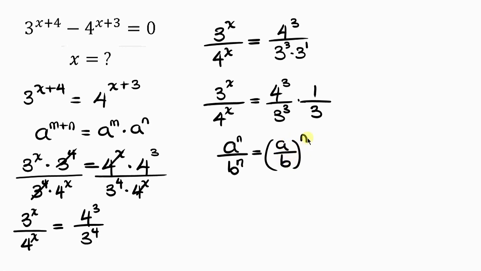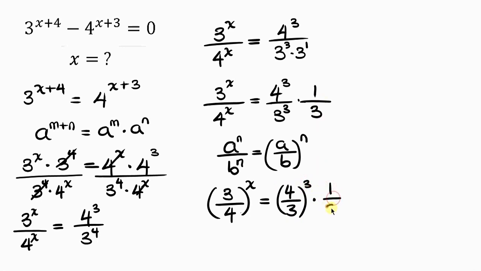So we're going to be applying this law of indices to what we have here and here. So this becomes (3 over 4)^x to be equal to (4 over 3)^3 times 1 all over 3.